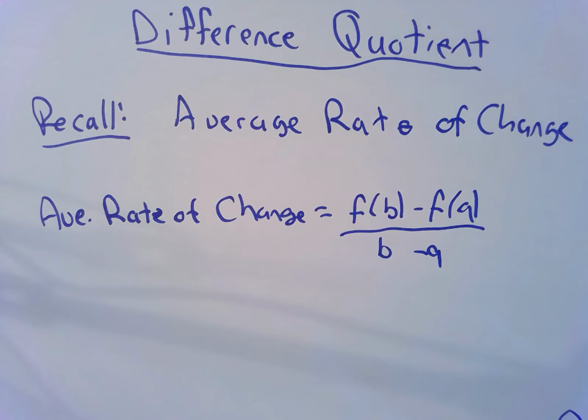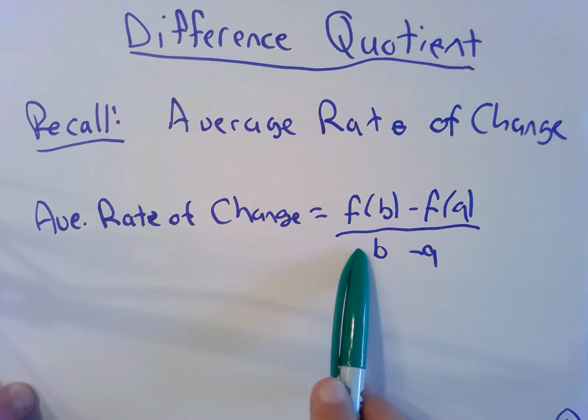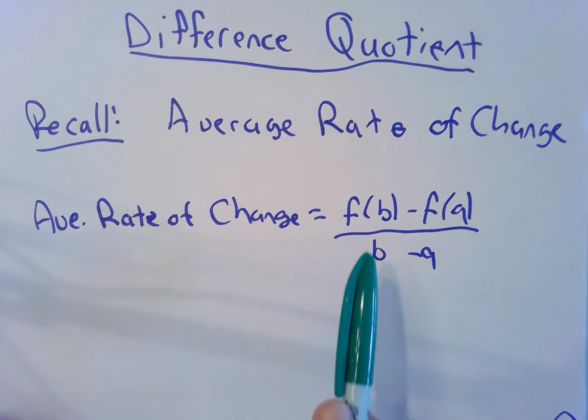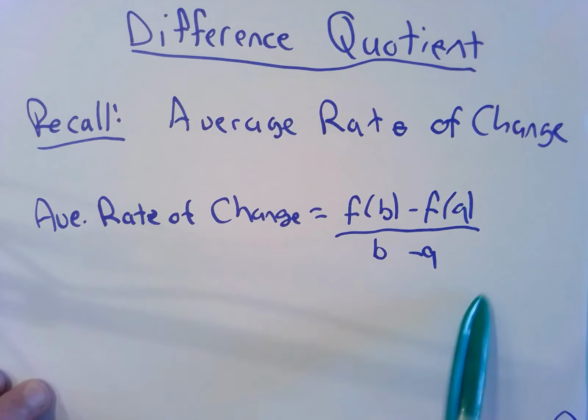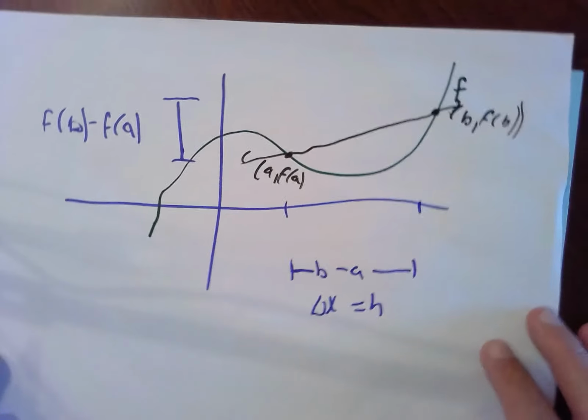So first off, recall the formula for average rate of change, which I just did a video on. Remember, average rate of change is change in y over change in x over some interval from a to b, f of b minus f of a over b minus a. So in a picture, that looks like this.